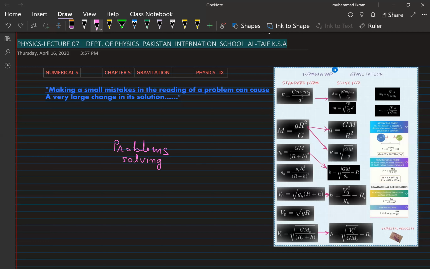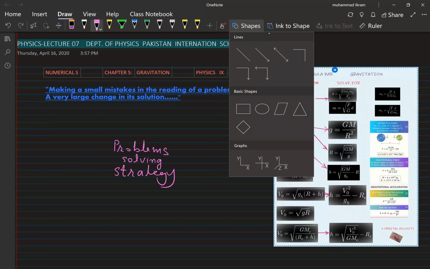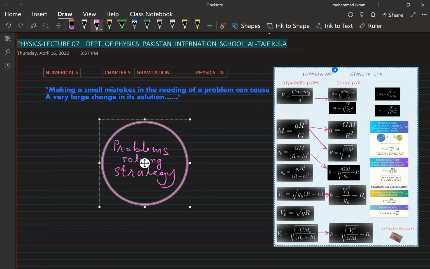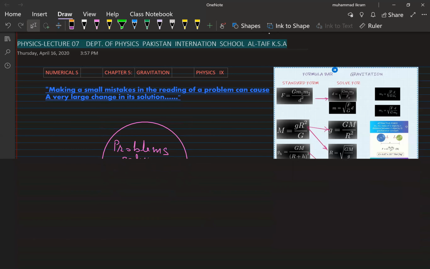Problem solving strategy is the best word. And I would like to explain it to you. So this is what inshallah we will be doing in this lecture, right?